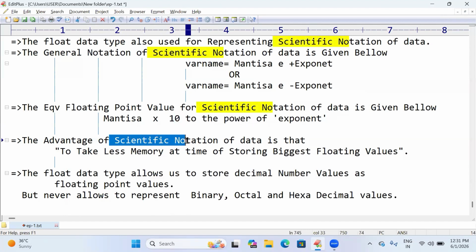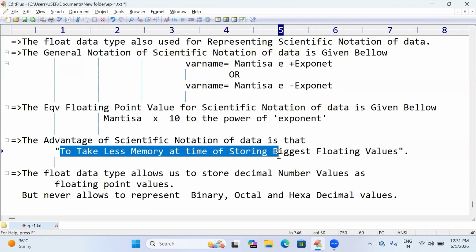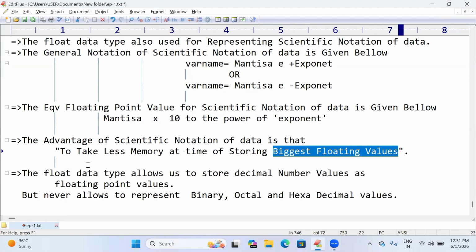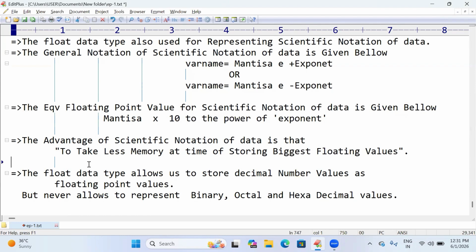What is the advantage of scientific notation of data? Why do we want to use it? To take less memory when storing a very big floating point value. If we store a very big floating point value directly, we need more memory, right? So to store the data in less memory space, we convert that big floating point value into scientific notation.